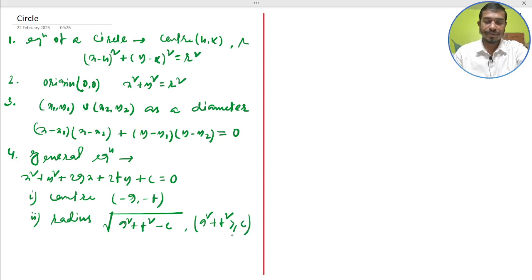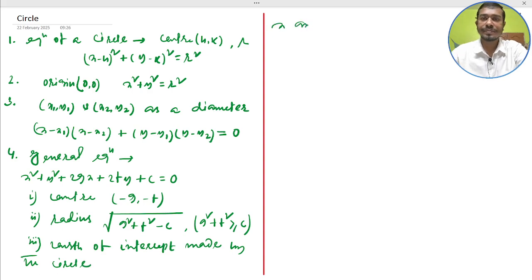Next, length of intercept made by the circle. First, on the x-axis, that is twice root over g square minus c, if g square minus c is greater than or equal to 0.